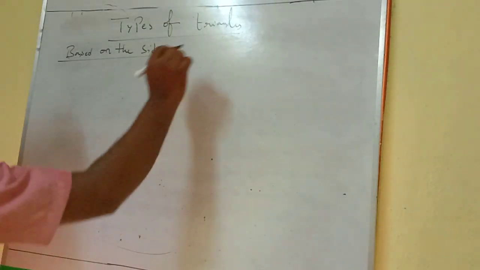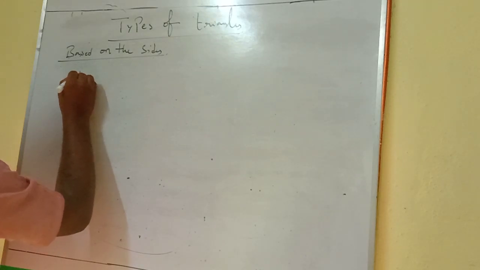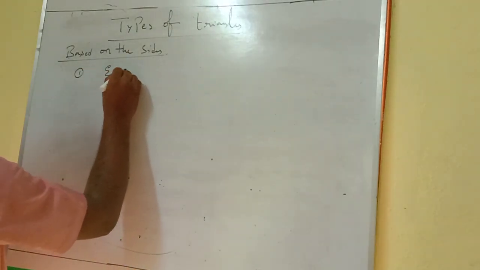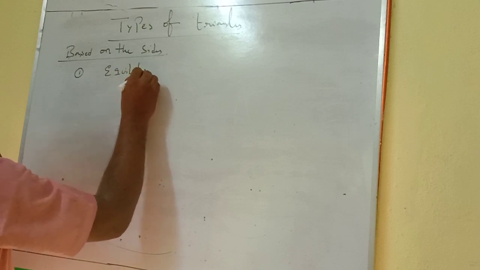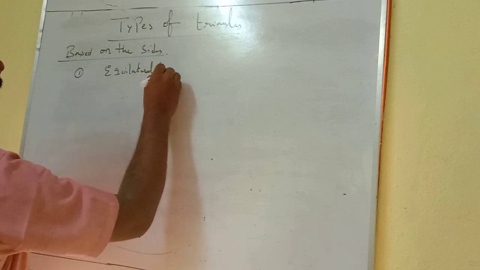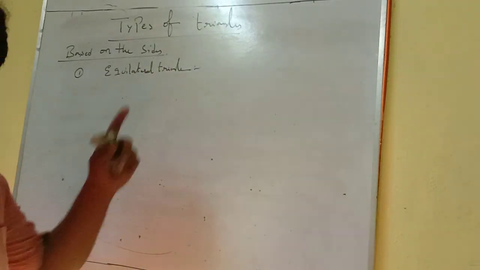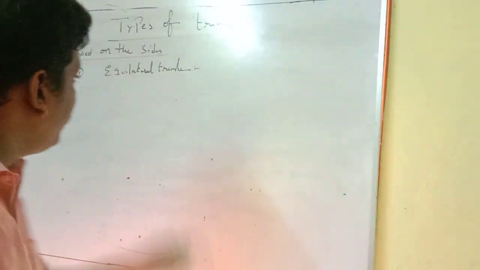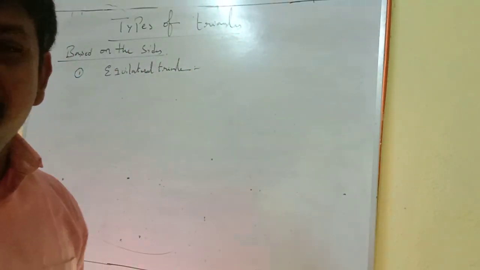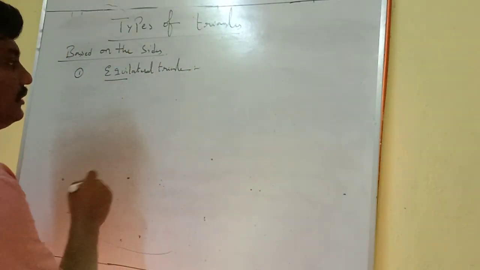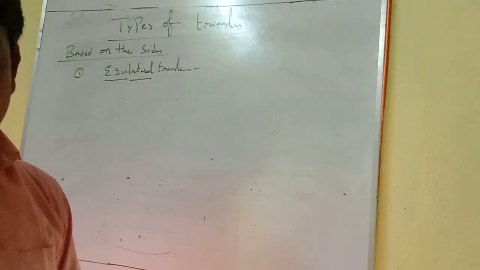So first one, equilateral triangle. The name itself tells it. What is equilateral? Equi means same, lateral means sides.